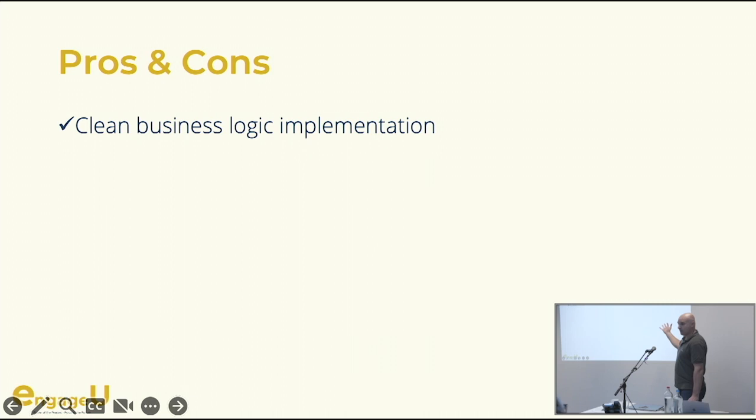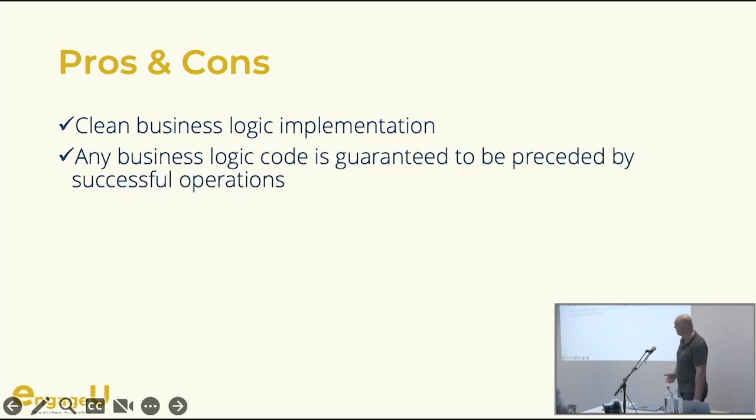What are the pros and cons? First, this allows you a clean business logic implementation. When you write your business code, you're not bothered by any error handling code in between your business logic. You can just nicely separate it. Whenever you have business code, you have a guarantee that anything that was written before was successfully executed.